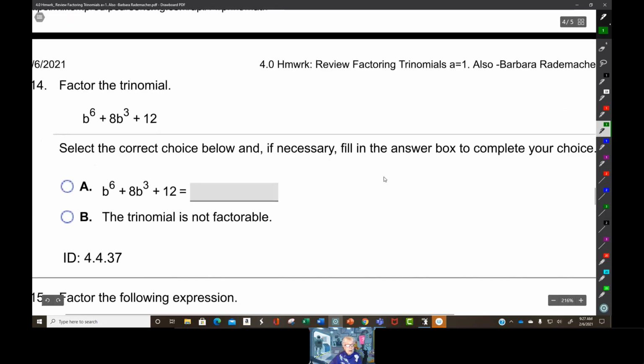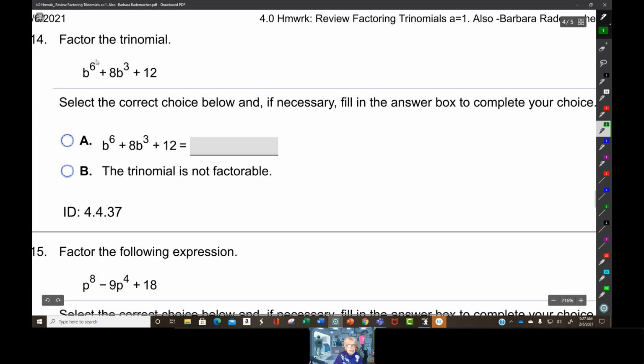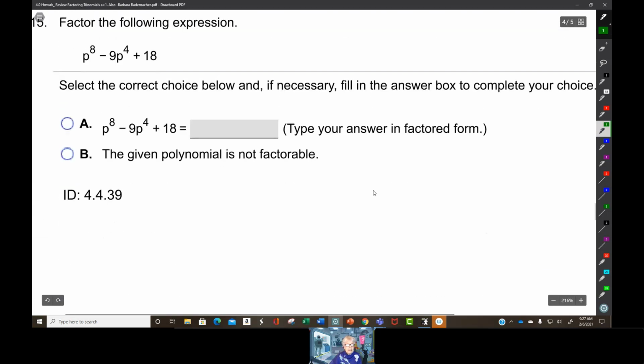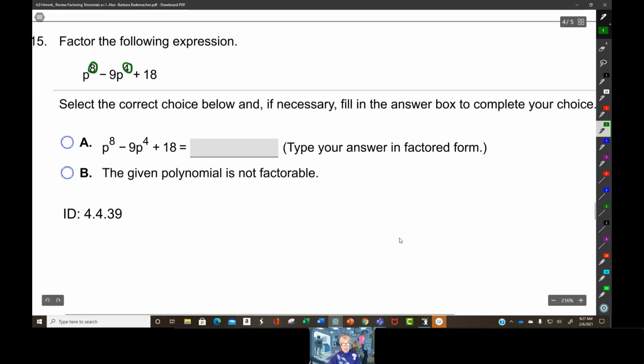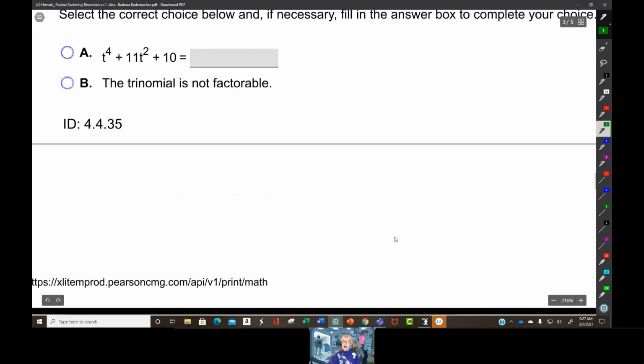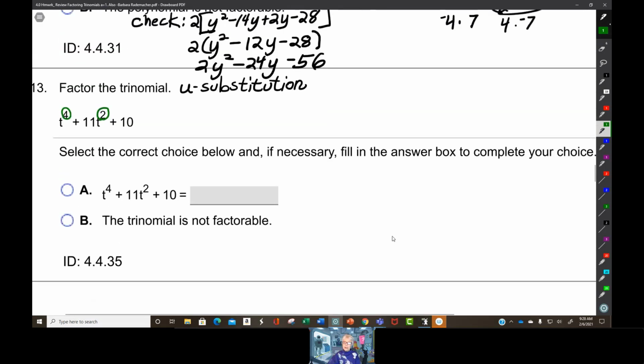Same thing for 6 is 2 times 3. And 8 is 2 times 4. When you have that kind of situation, you can use u-Substitution. And here's how you do it.